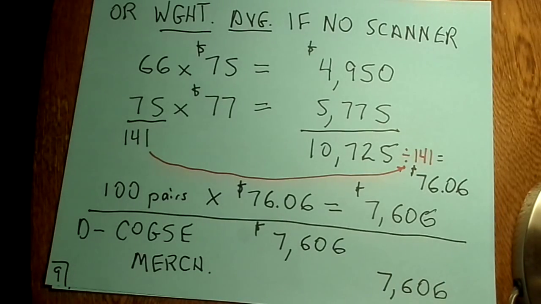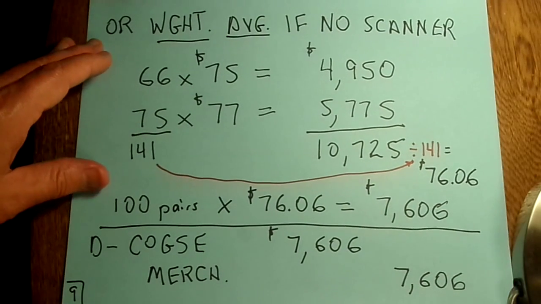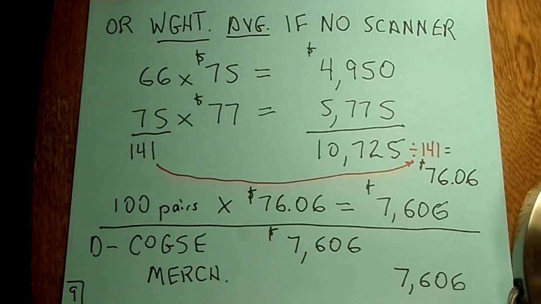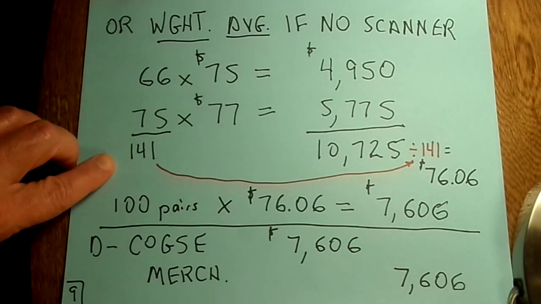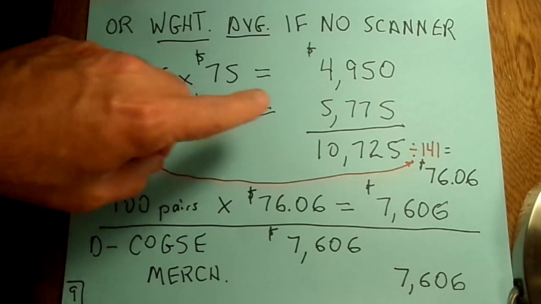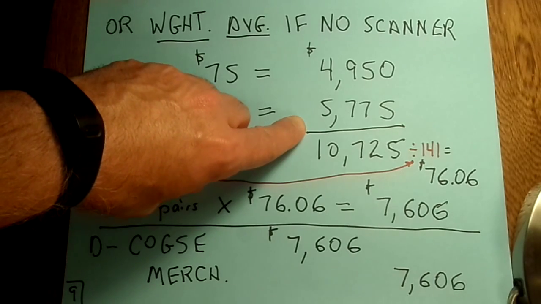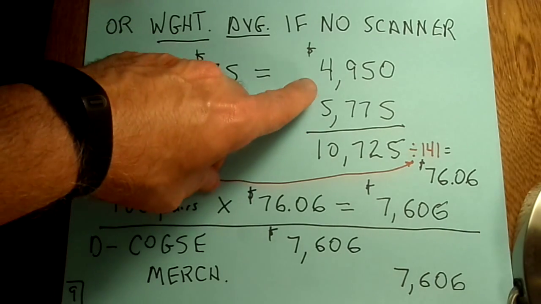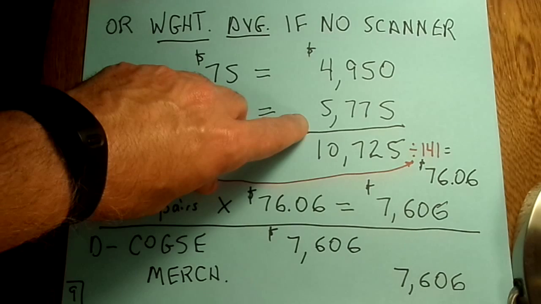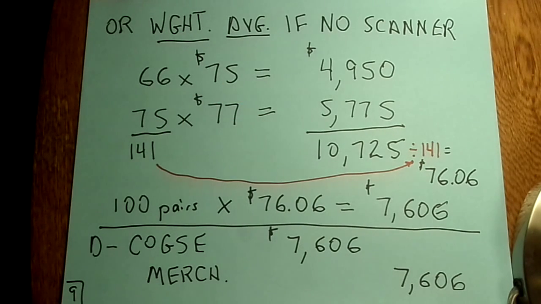So finally, we arrive at weighted average. When we get to weighted average, what we assume is that we add up both tranches of inventory. What we specifically add is we add up the units, the 66 plus the 75, and come up to 141. We also add up the total dollars of each tranche of inventory. So we've got the $4,950 plus the $5,775.